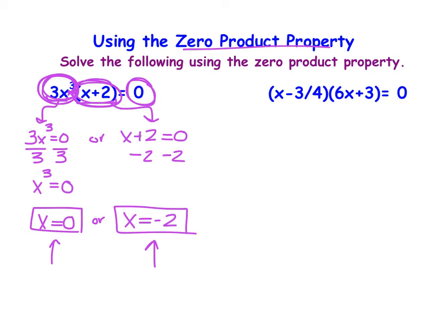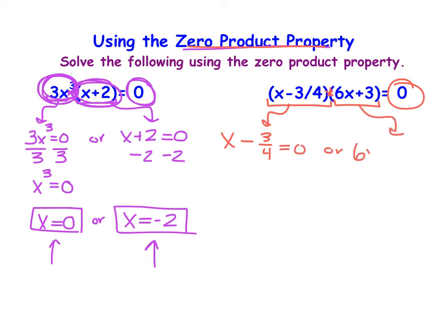Now if we look at the second part here, what I notice is I have two items being multiplied and equaling 0, so I can apply the zero product property. So I set the first part equal to 0. I have x minus 3/4. That could equal 0. Or 6x plus 3 could equal 0. So I solve the first one by adding 3/4 to each side.